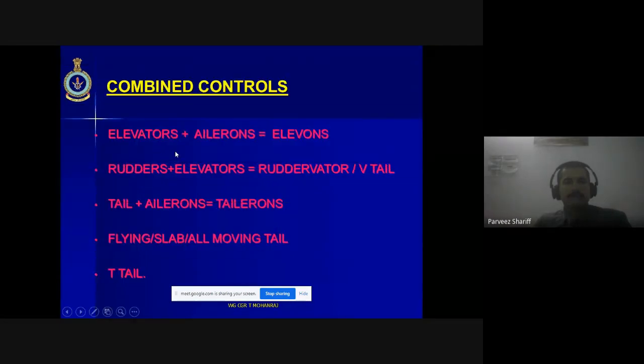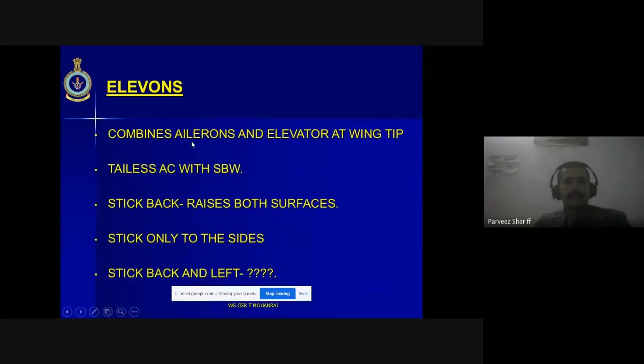So elevons, as we have seen, elevon is nothing but the combination of the ailerons and elevators, combined at the wing tips, in tailless aircraft. So here in elevons, stick back will raise both the surfaces, and stick to the side moves them differentially.